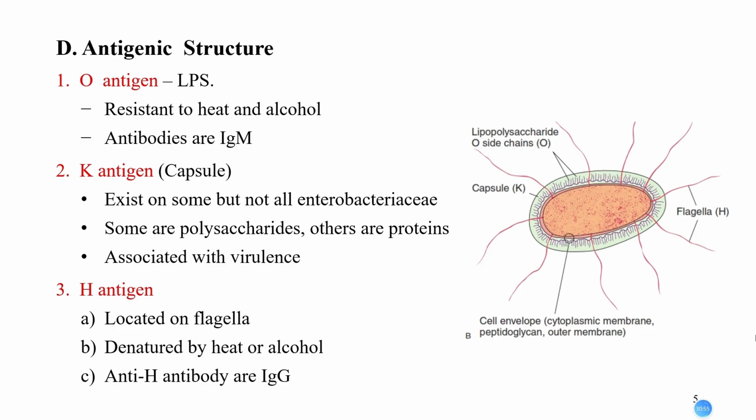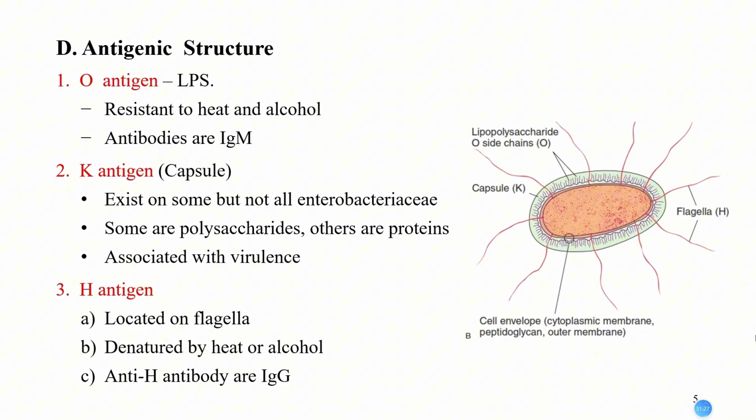You cannot see the structure under the microscope, but it can cover the surface. So it still has the K antigen on the cell surface. Some of them are just protein molecules, but some of them are polysaccharides. It's not LPS, but only polysaccharides. And the K antigen is also associated with virulence.